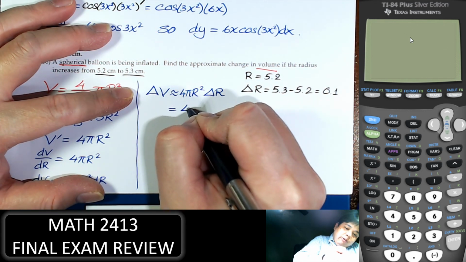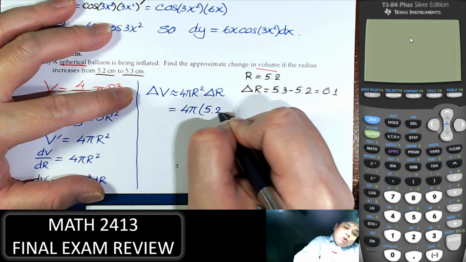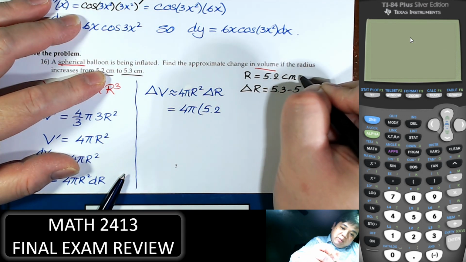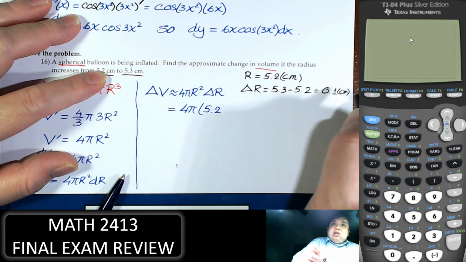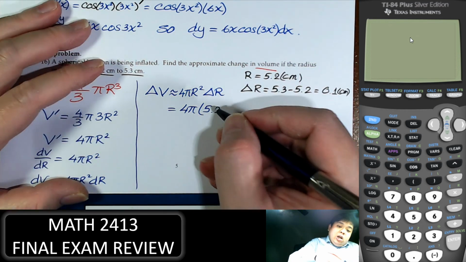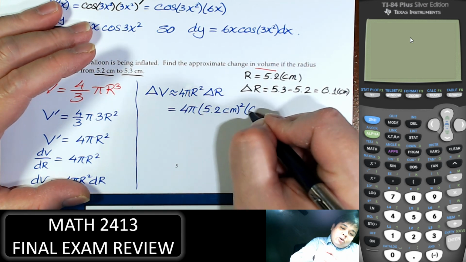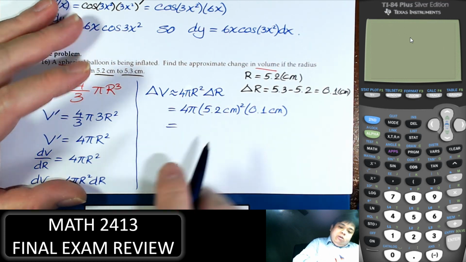So 4 pi r squared, 5.2. We should actually put the units in it, centimeters. The difference of centimeters is centimeters. So 5.2 centimeters squared, delta r 0.1 centimeter. Right?